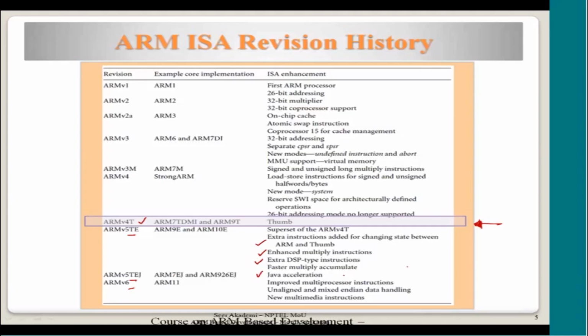Java is converted into Java bytecode and then runs on the JVM. So ARM provides a Jazelle support state where Java code can be run natively on the architecture. With the architecture support, Java execution becomes faster. Then it includes multiprocessor instructions, and even accessing unaligned data as well as mixed endian data handling.